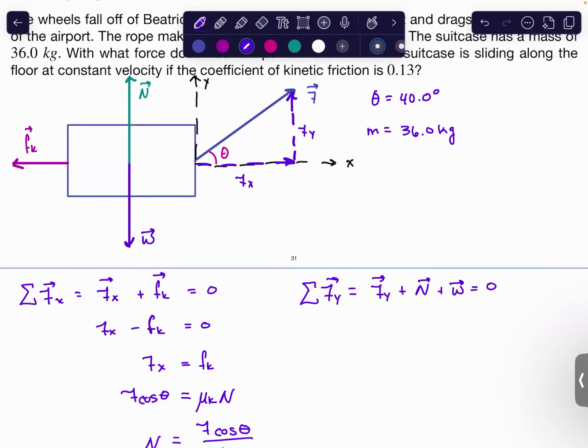We take account of the fact that up is positive y, down is negative y. So we're going to end up getting the y component plus the normal force equals the weight.